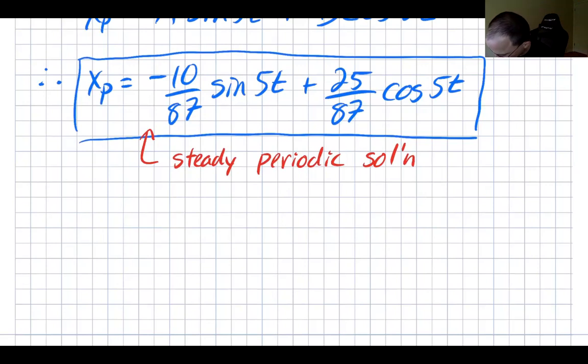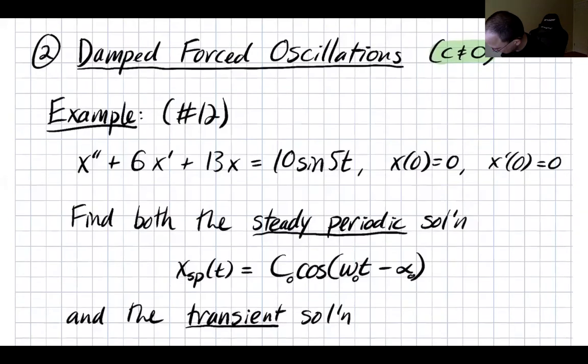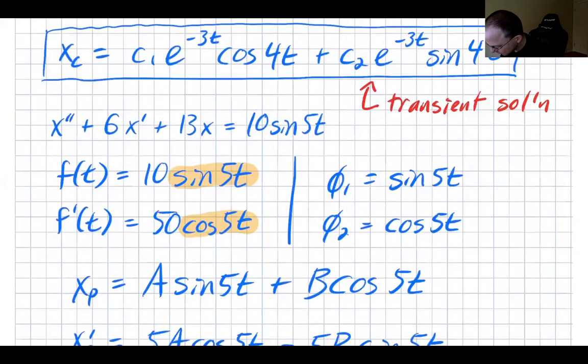Okay, so therefore, x of t is equal to, and I'm going to take this exponential out, c1 cosine, was it 4? Yeah, 4.